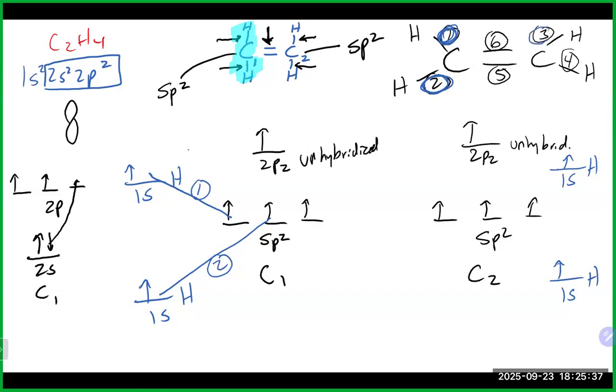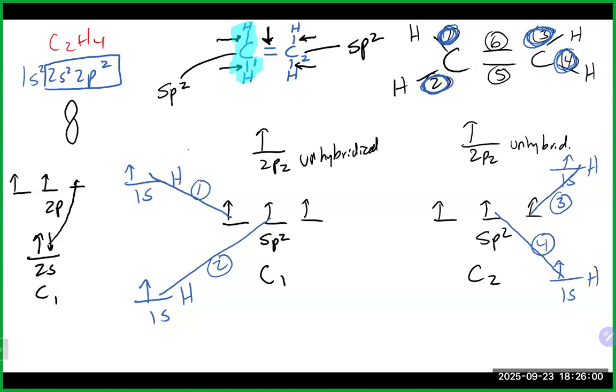I'm just going to take care of all my hydrogens here. So bond number 3, other carbon, same deal. We have a bond between our sp2 carbon atom hybrid orbital and our hydrogen. And lastly here, bond number 4, comes in between this one and this one, making our bond here.